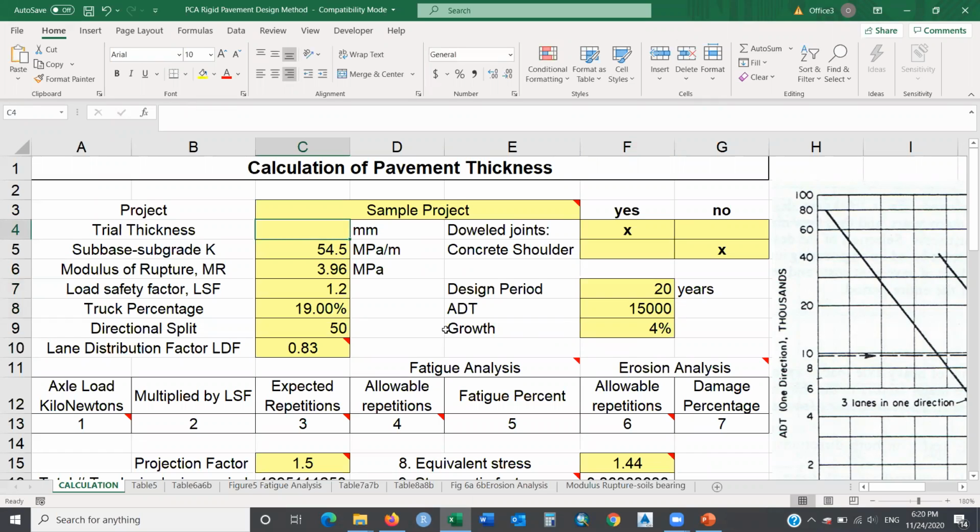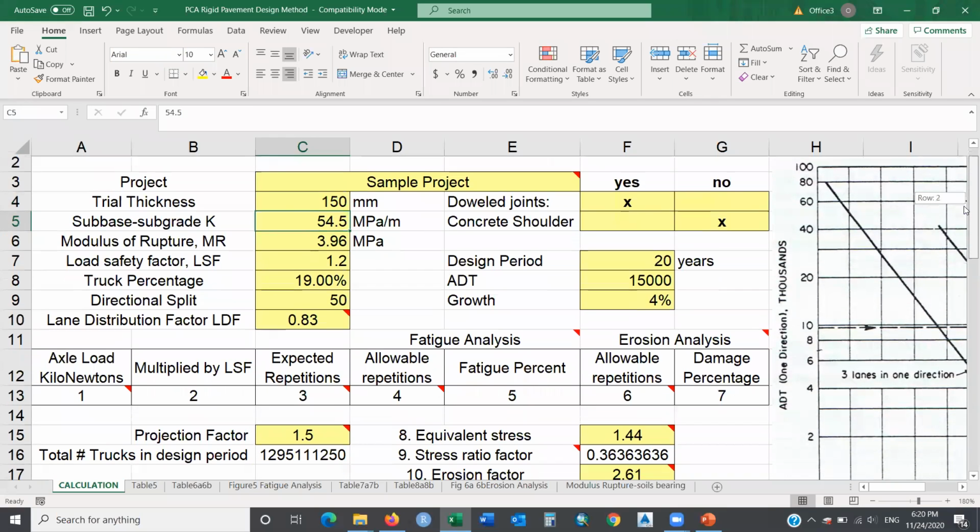And now we need to test a thickness. So what thickness do you guys want to test? Give me a value, please. Anything, doesn't matter. 150. 150, I hear.